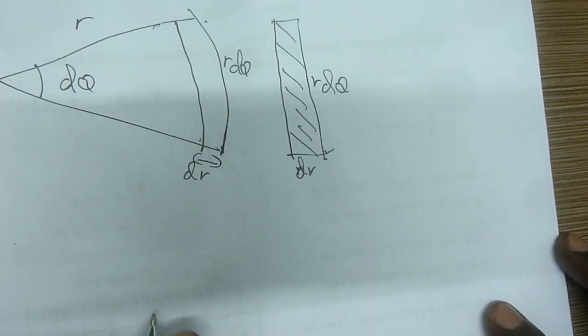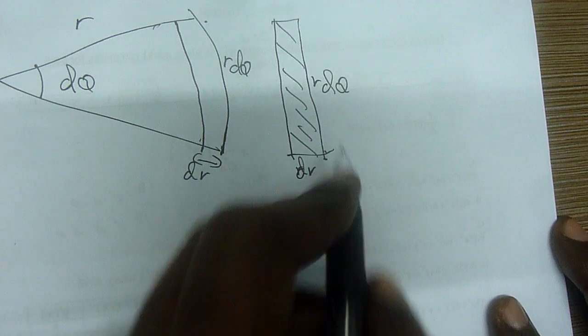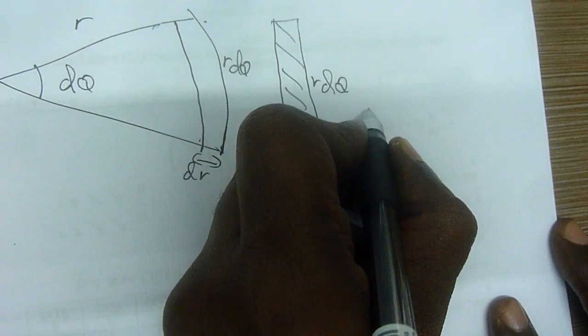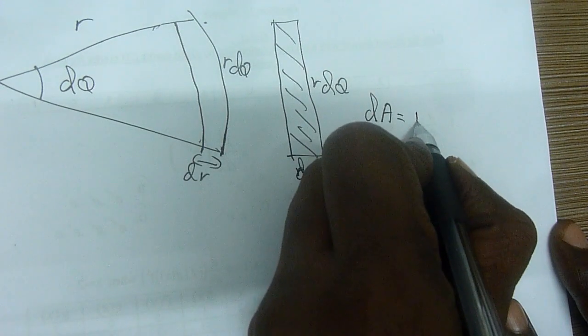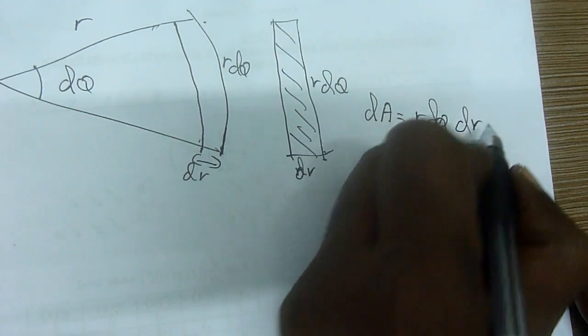Can I now identify the area? Yes, very easy. I call the whole thing dA, and dA will be r d theta dr, right?